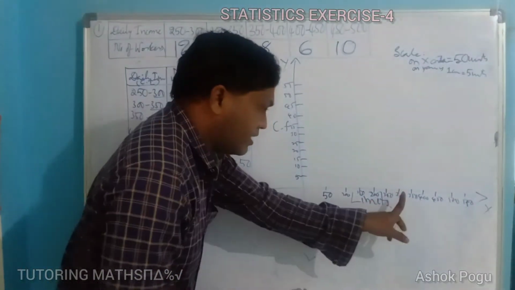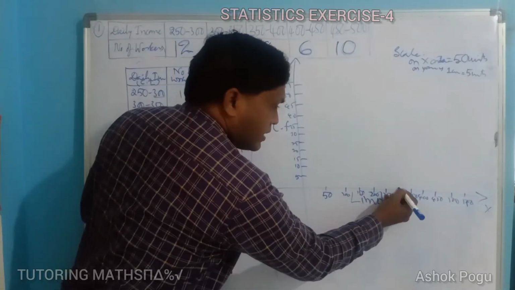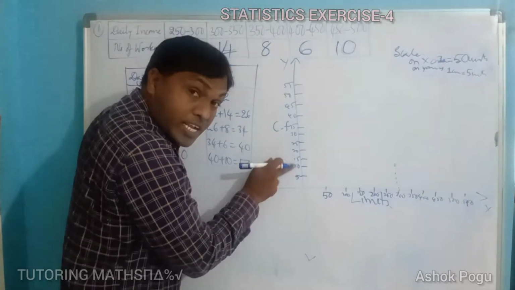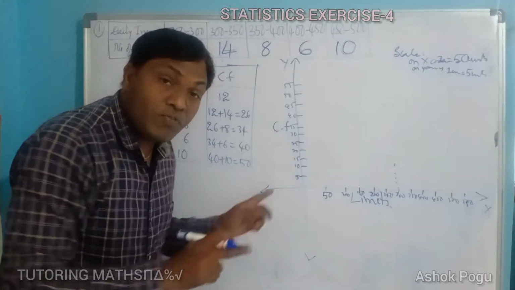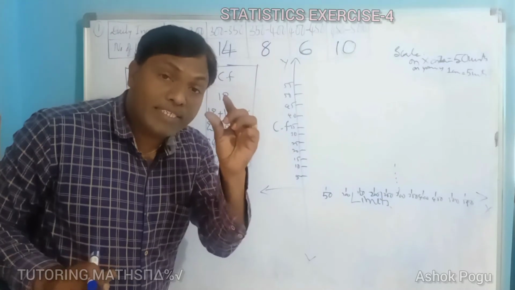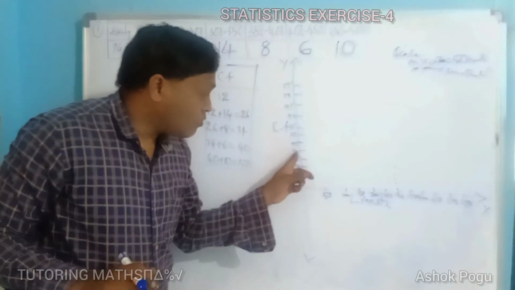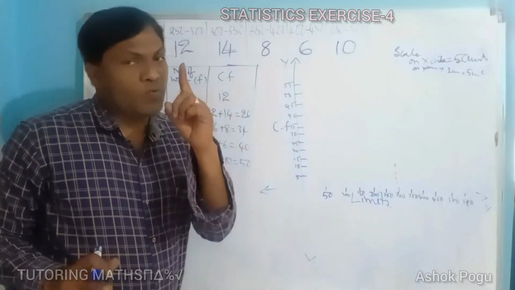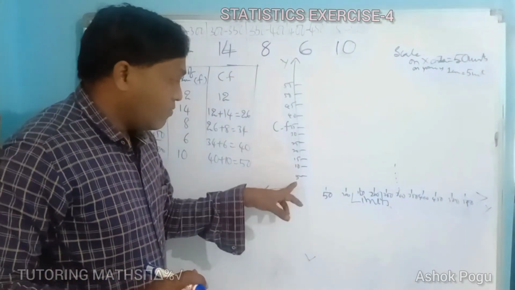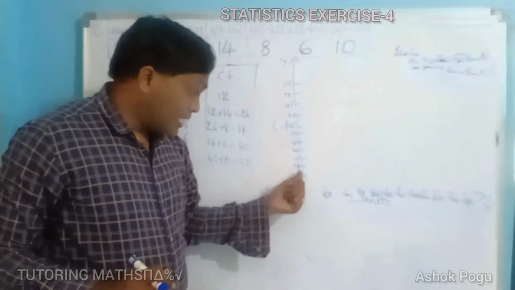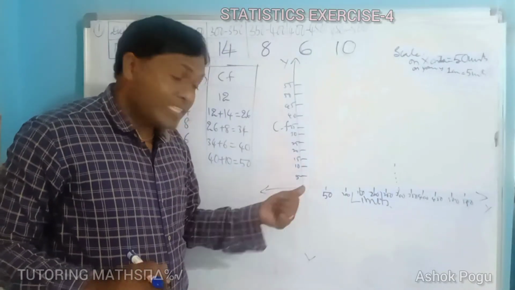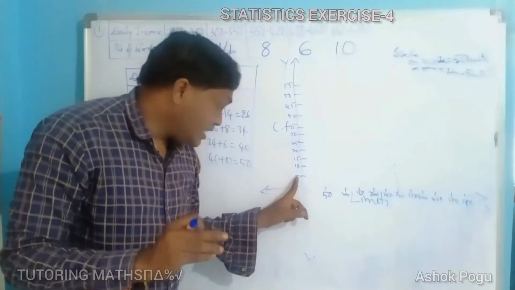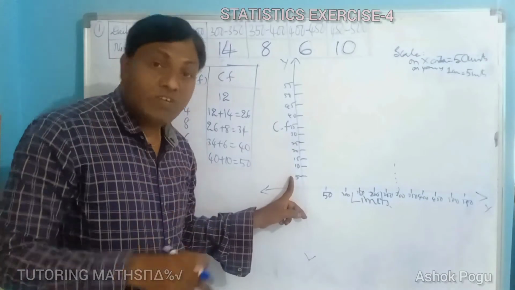Let us take 300 first here. 300 and 12. It is 10, 15. Between 10 and 15, we have 10 small lines, so take 2 lines as 1, because we have taken 5 units. 1 centimeter equals 5 units. In 1 centimeter, how many small lines do we have? We have 10 small lines. 10 lines equals 5.